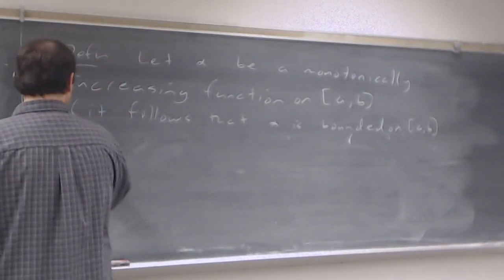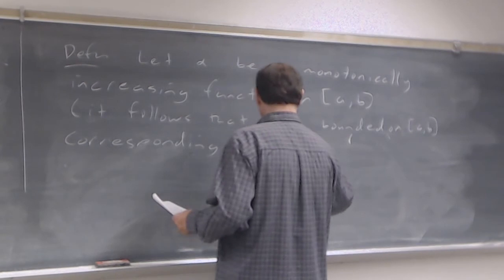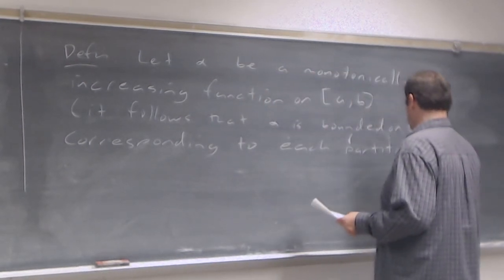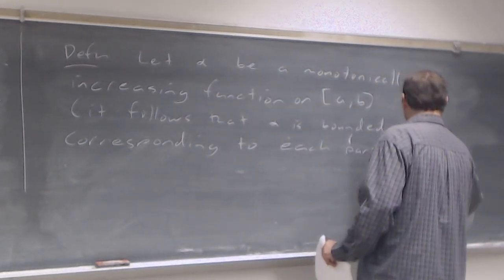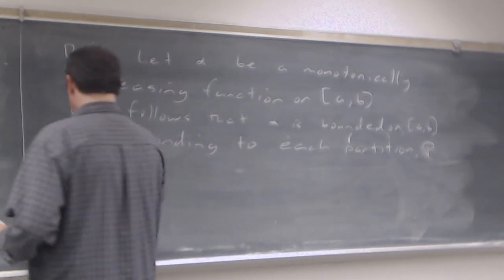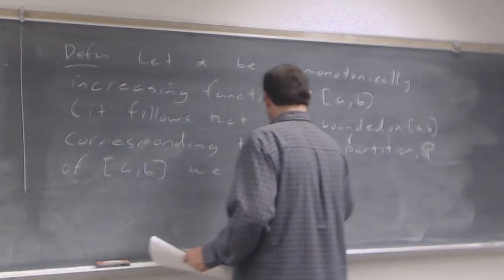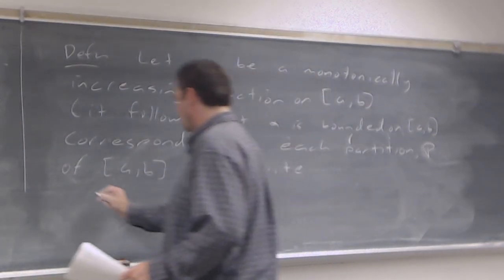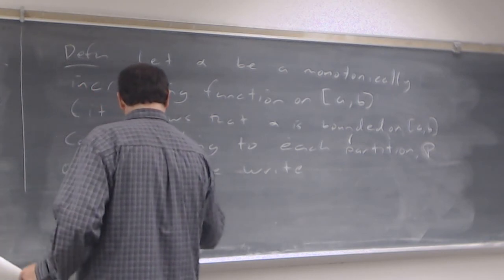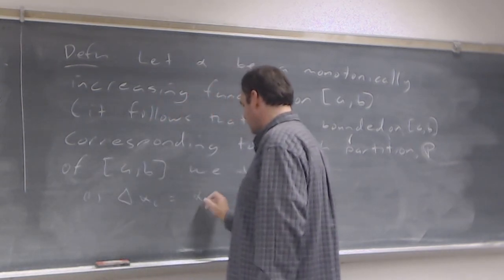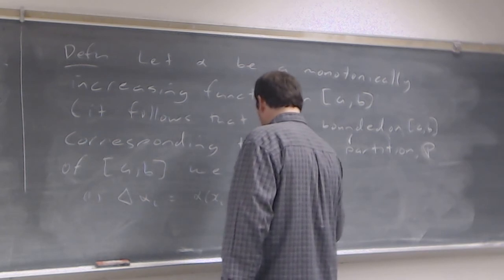And then corresponding to each partition, script P of A to B, we write that delta alpha sub i is equal to alpha of x sub i minus alpha of x sub i minus 1.